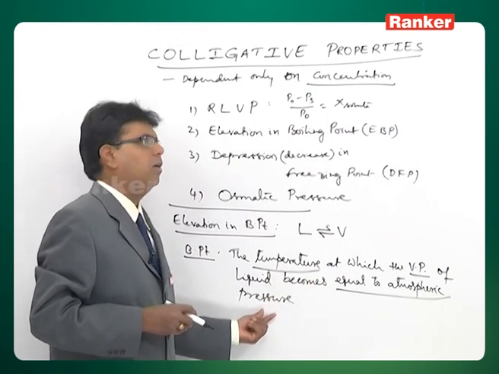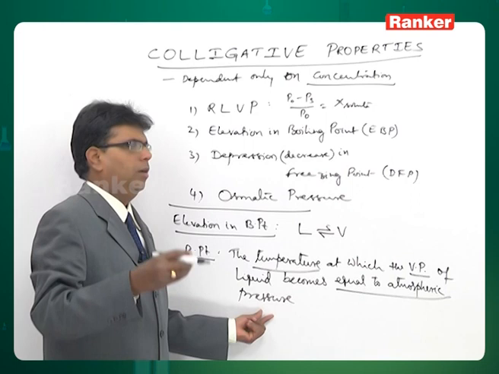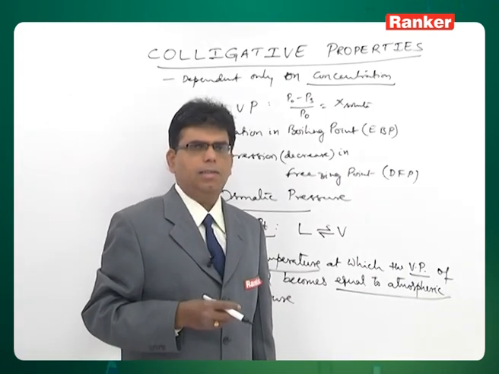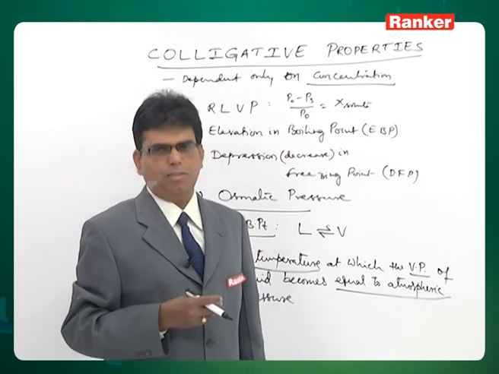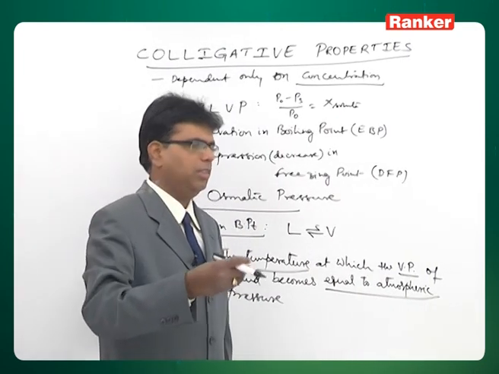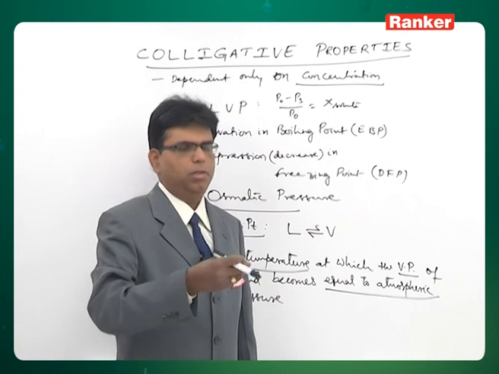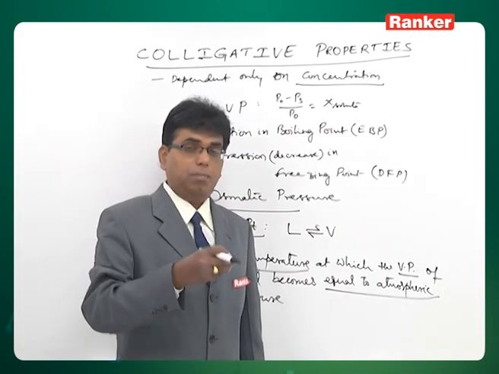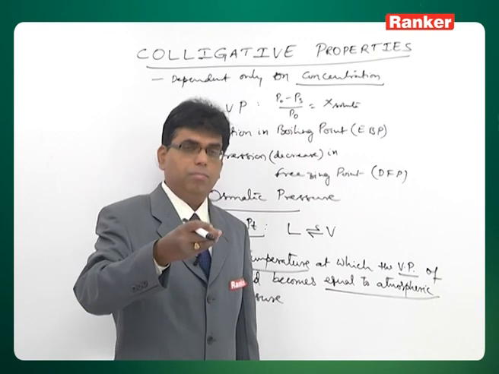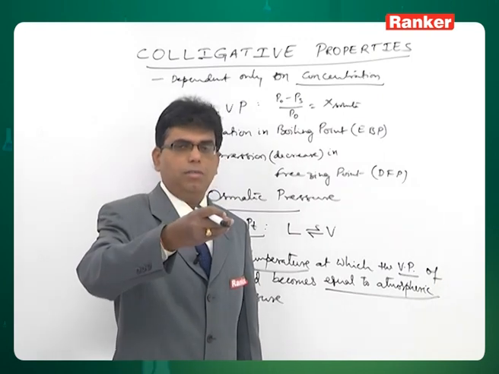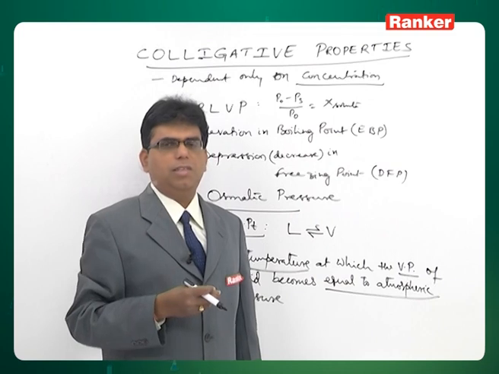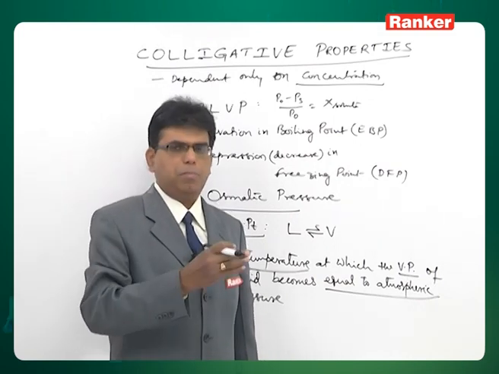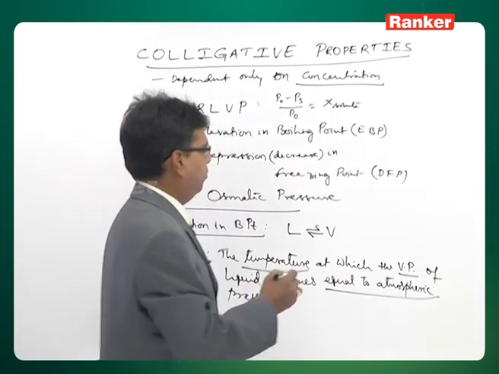So, the boiling point is the temperature at which the vapor pressure of a liquid becomes equal to atmospheric pressure. The other way around, with an example, take water at 27 degrees Celsius. Water will have a certain vapor pressure of about 15 mm or 13.8 mm. But as we keep on raising the temperature from 300 Kelvin to 373 Kelvin, that is 100 degrees Celsius, its vapor pressure increases to 760 mm.